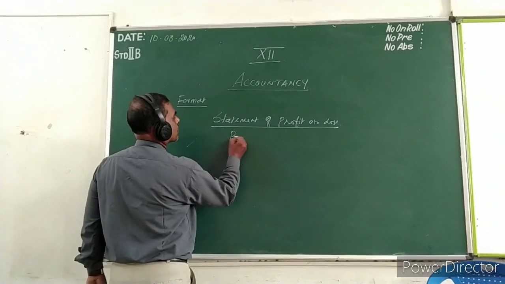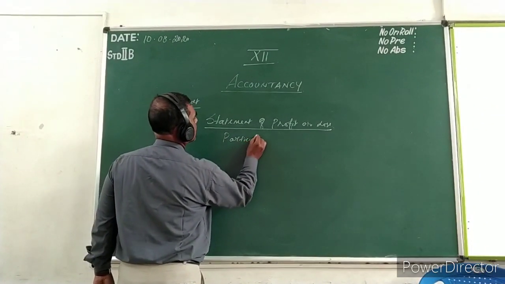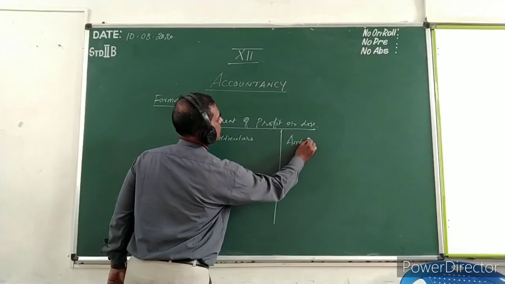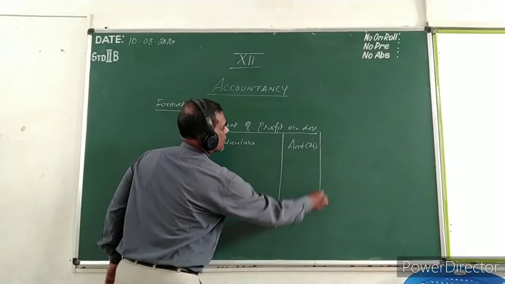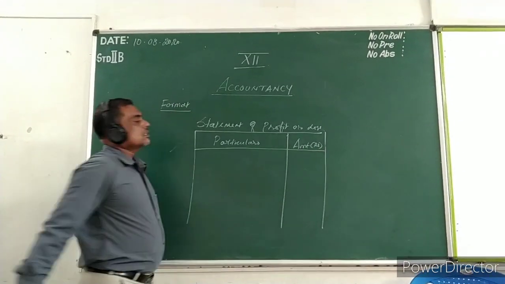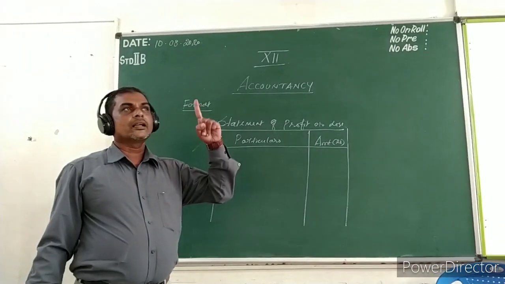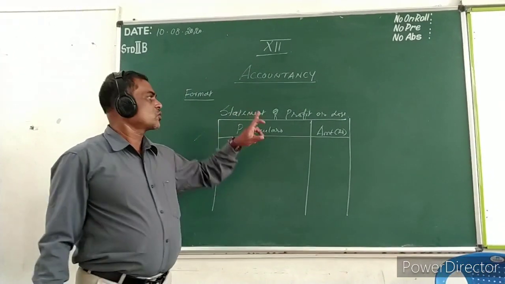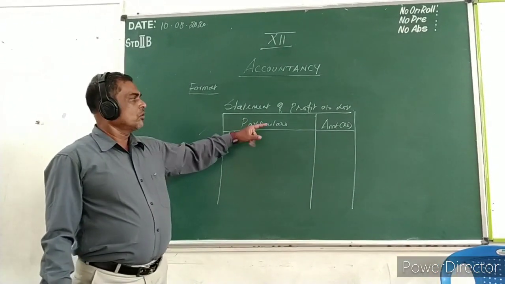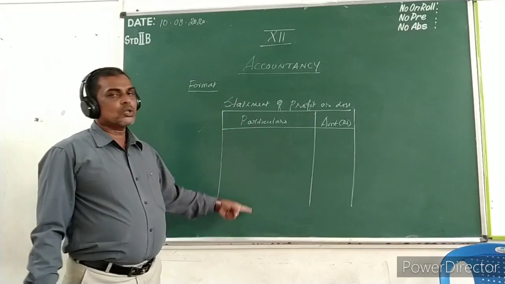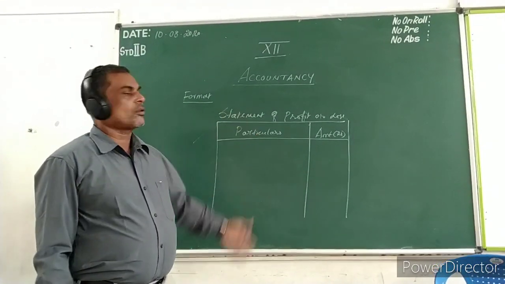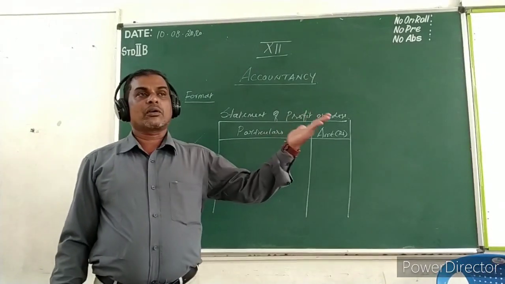One column is particulars and another column is amount in rupees. We can prepare this report in the accounting sheet on a single page only, no need for a double sheet. So we make 2 columns: the particulars column and the amount column.